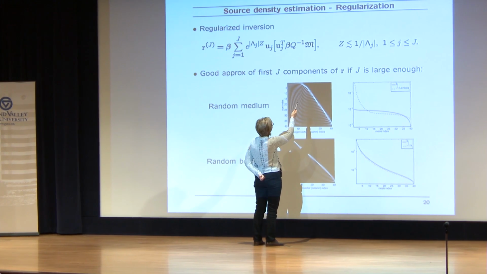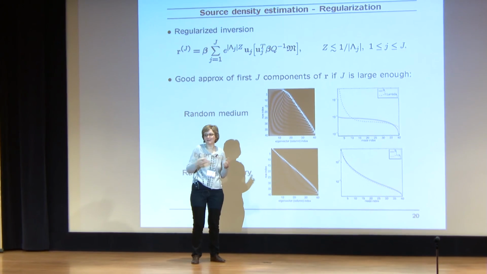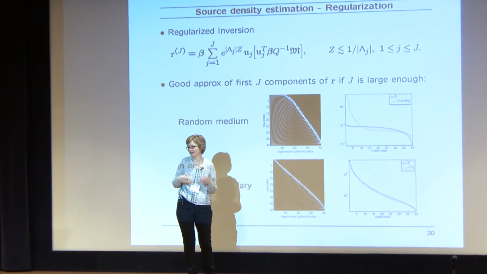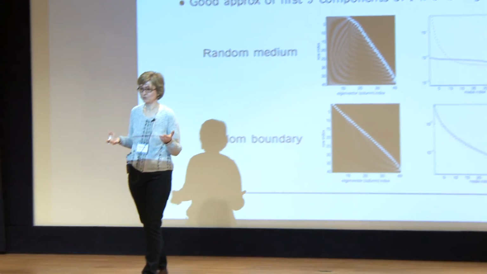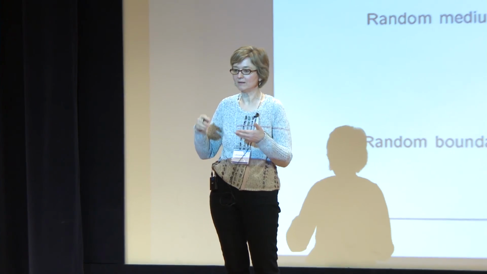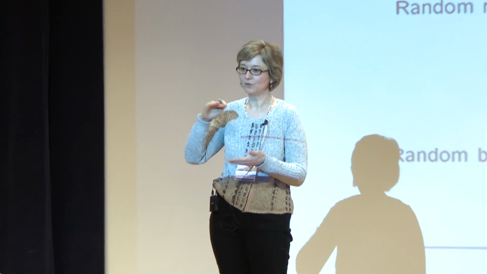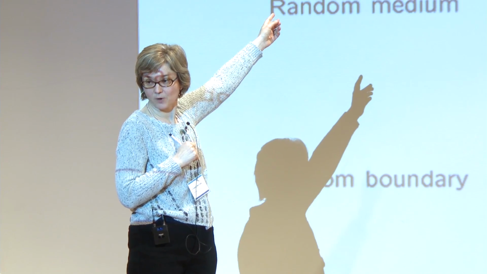So you also have additive noise in the data, which I didn't put in. And that comes into effect in the regularization because you don't want to blow up things by more than something. So you want to put a bound on how big these exponentials, because these are growing exponentials, are.